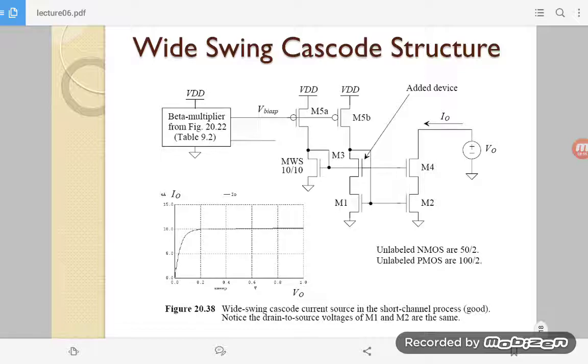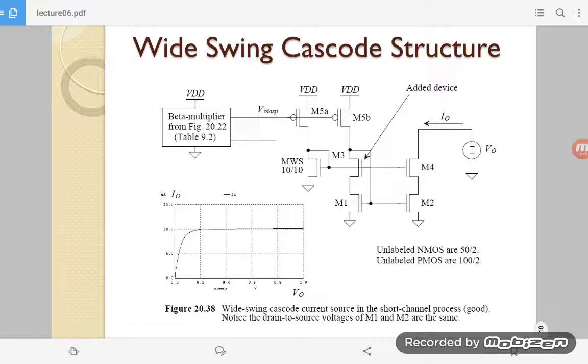So in this case, both M1 and M2 will share the same VDS SAT voltage. One more time, the drain terminal of M1 is right now simply VDS SAT, not VDS SAT plus threshold voltage. So that extra threshold voltage term is gone.